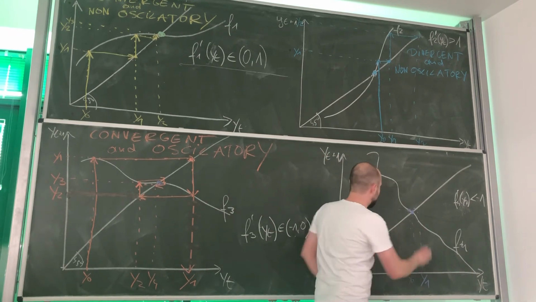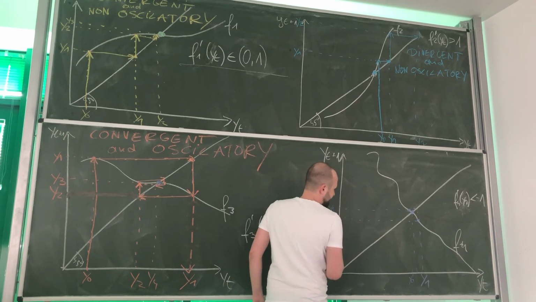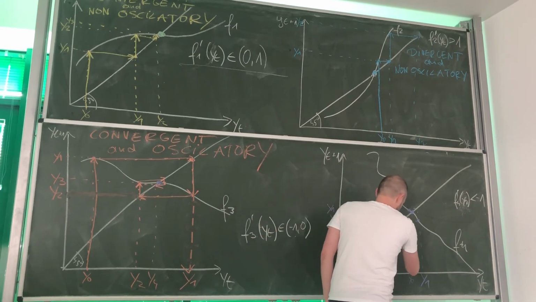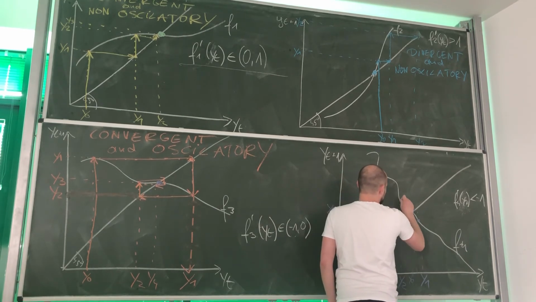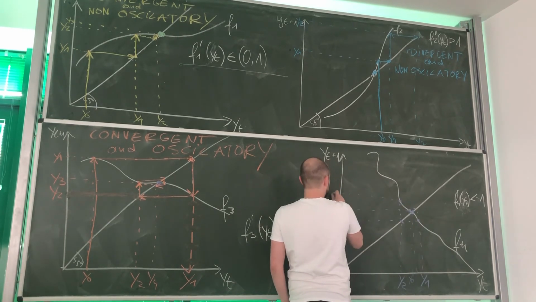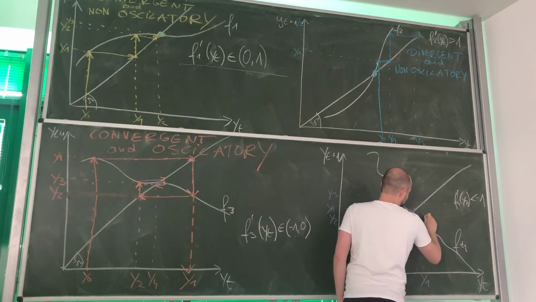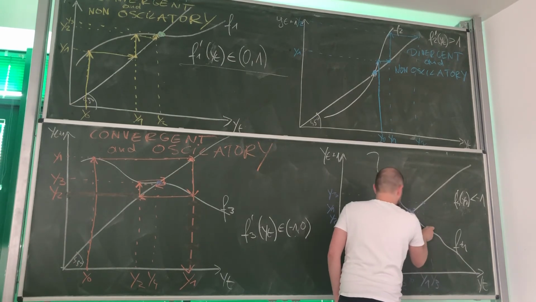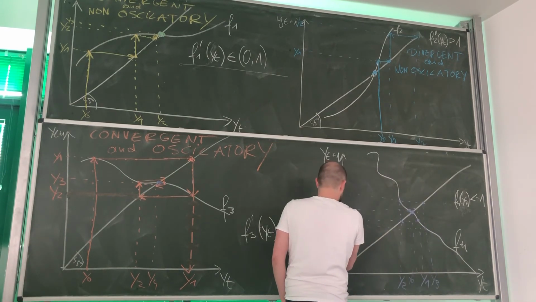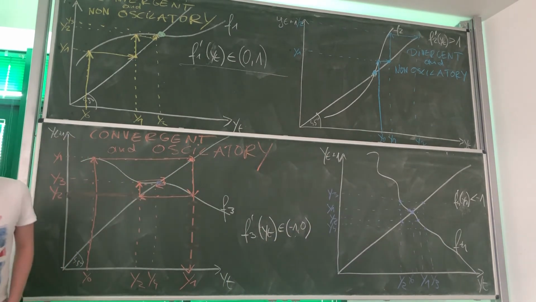Now, from the line, we can read y2, and we can put y2 over here. From this y2, I can read y3, and I get this y3 over here. And I know that for this y3, this is going to be y4.